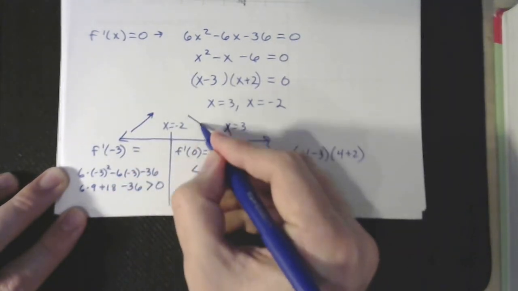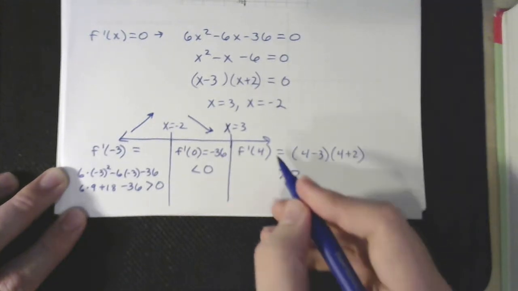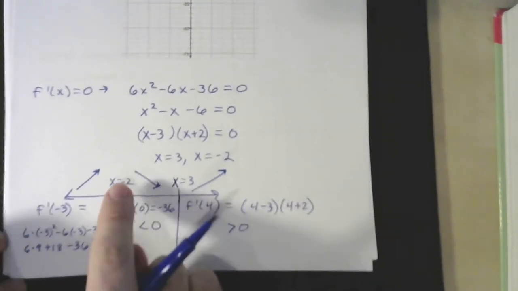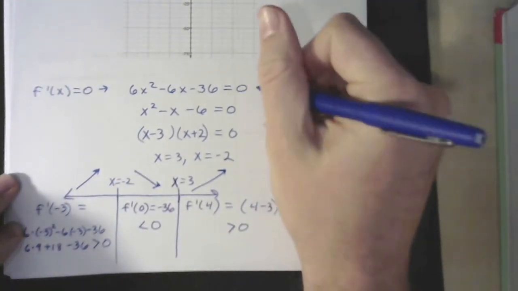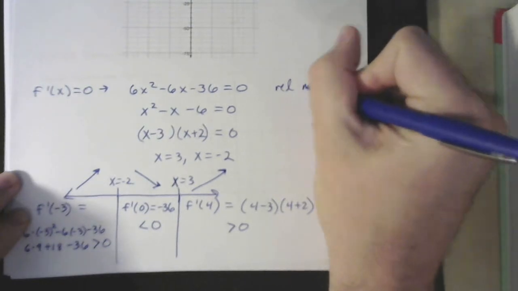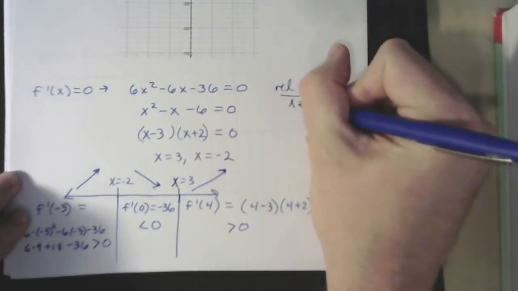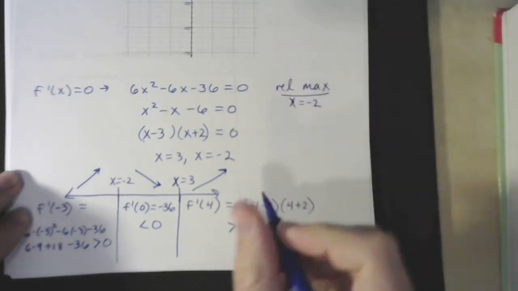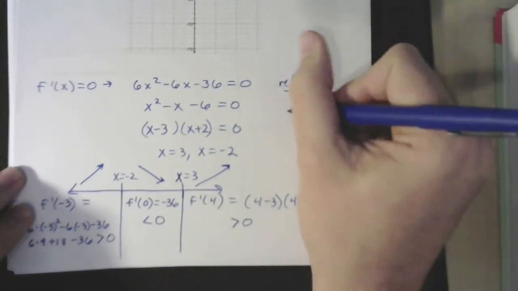We have negative, decreasing. And then we have positive again, increasing. So that means that we have a relative max at x equals negative 2, and we have a relative min at x equals 3.